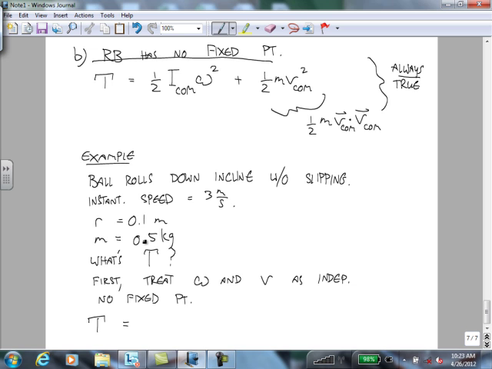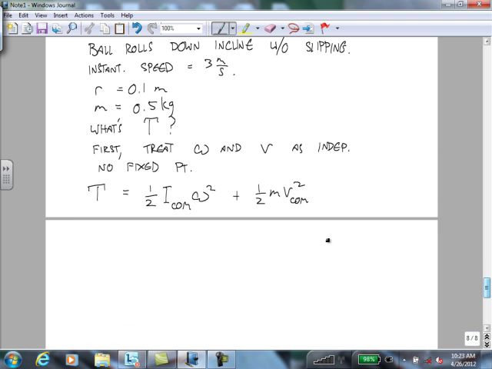So the kinetic energy is equal to 1/2 times the moment of inertia of the ball about its center of mass times omega squared, plus 1/2 times the mass times the speed of the center of mass squared. The moment of inertia of a sphere, that's just a formula you can look up.